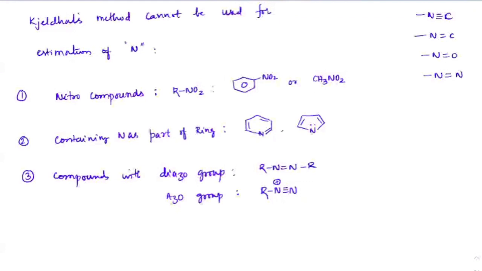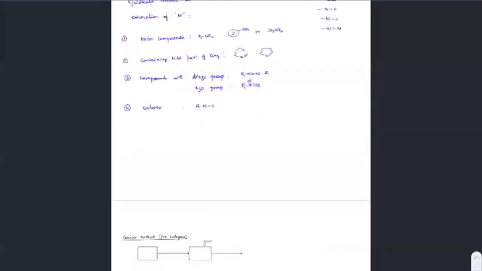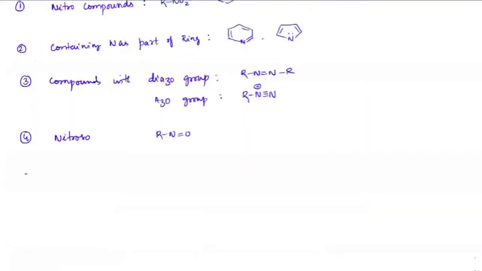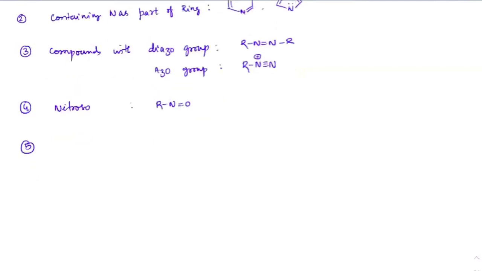Fourth, nitroso. Nitroso means R N double bond O. Here also, can you see that? Whether it is nitro or nitroso, both will not give that. Next type of group which does not give Kjeldahl's is this one.